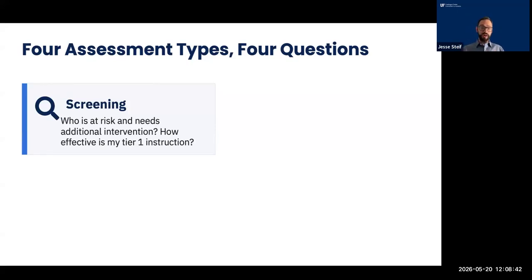Screening assessments are created to answer the question, which students are at risk for future reading failure, or who are actively struggling in reading now and need additional intervention. That's the question from a specific student standpoint.